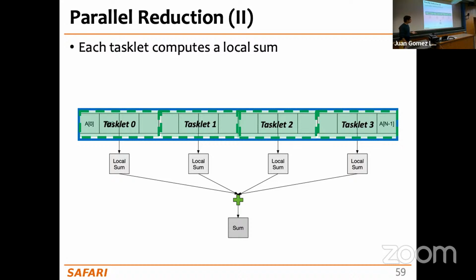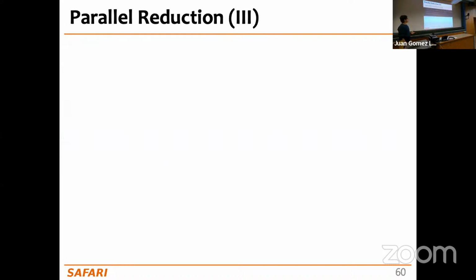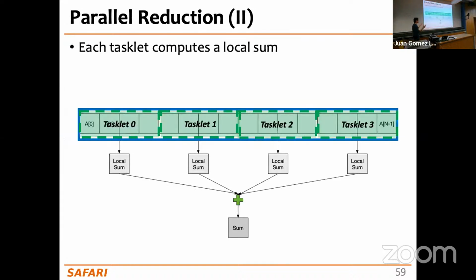The simplest thing: we have a single tasklet, the last one. At the very end, after the 4 tasklets generate their local sum, we can tell tasklet 0, for example, if you are tasklet 0, take these, add them up, and store in the final memory location, right? It's a single thread reduction.